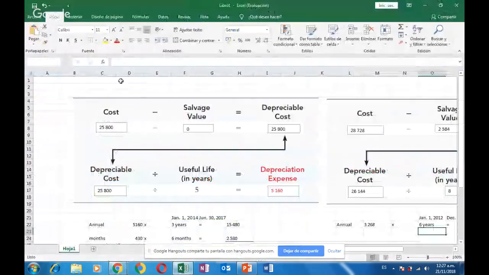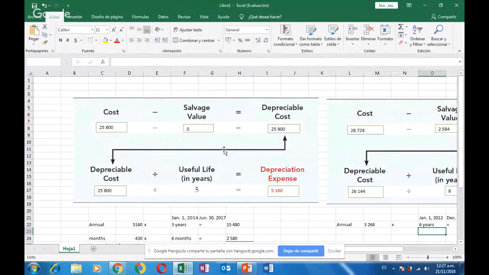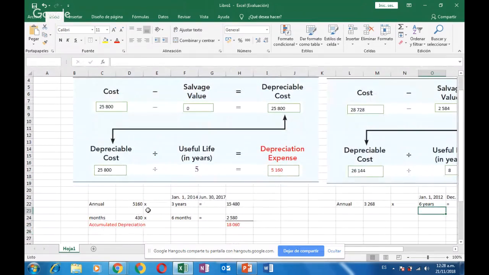So we will find the depreciation expense. We minus the salvage value, 0, and then we divide it by the number of years of useful life, which is 5, and it gives us the annual depreciation expense, which is 5,160.